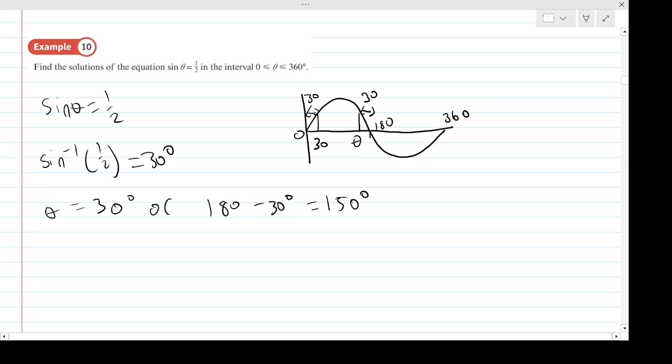To find other solutions, we would have to continue the curve on and then add 360 on, or take away if we were to go backwards. But those are the only 2 values of the curve between 0 and 360. So that's my solutions: 30 or 150 between 0 and 360.